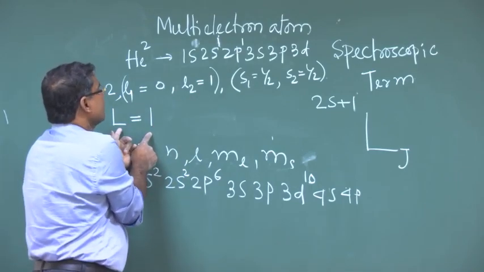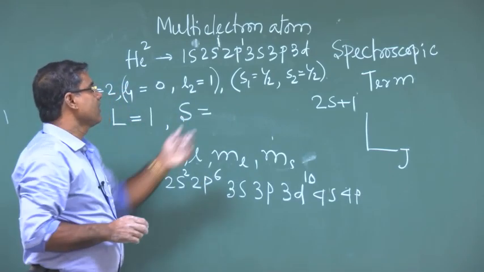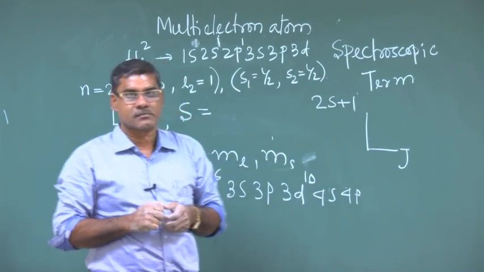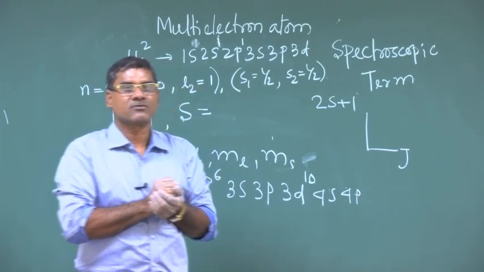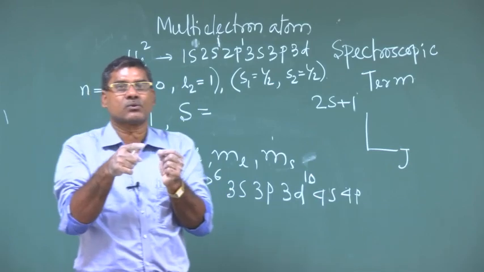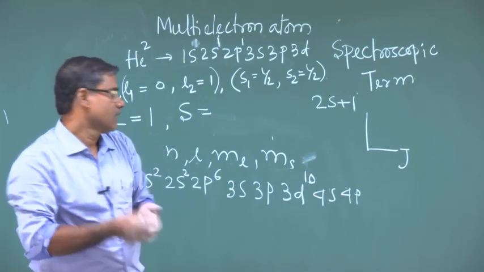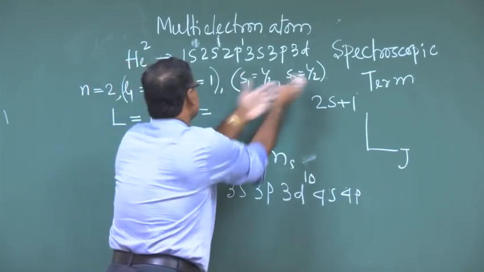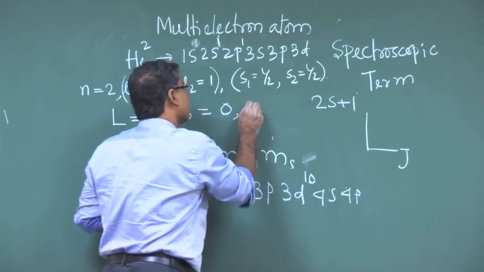So L will be 1. The resultant S will be from S1 minus S2 to S1 plus S2, so S1 minus S2 is 0 and S1 plus S2 is 1.